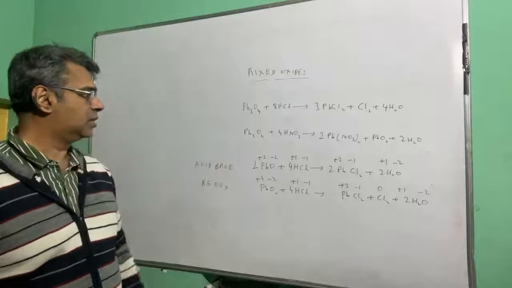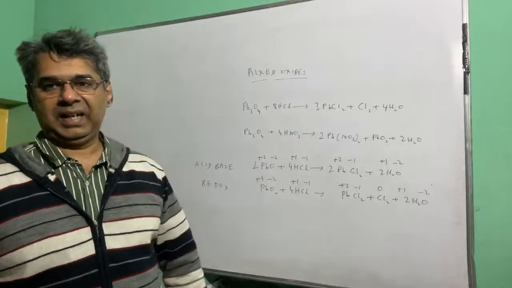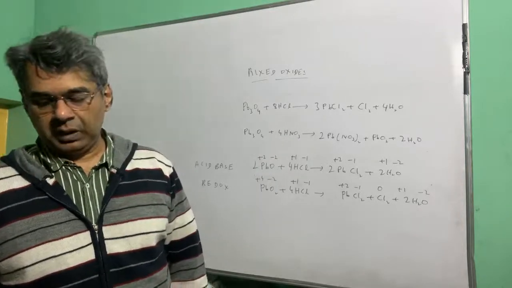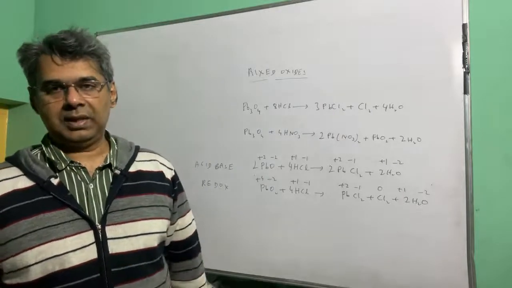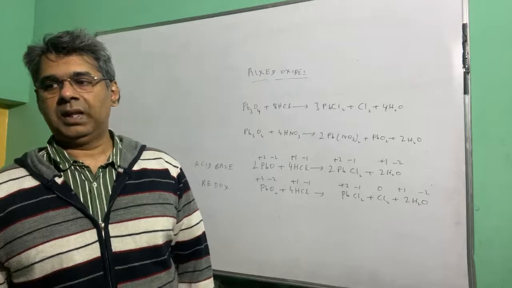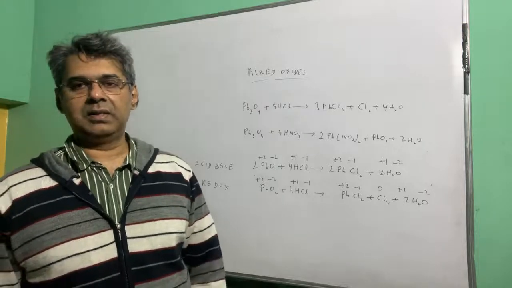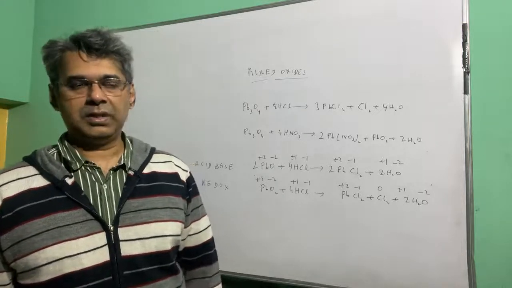Now, in contrast, let us look at the second reaction, HNO3. Now, HNO3 is considered to be a very strong oxidizing agent. It is very well known that out of the three famous inorganic acids, HNO3 has the best oxidizing power.